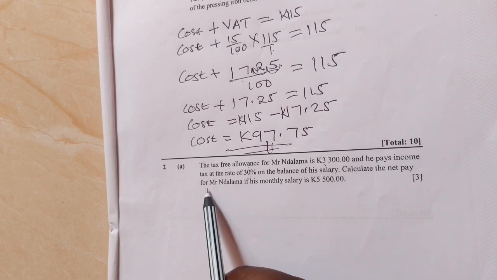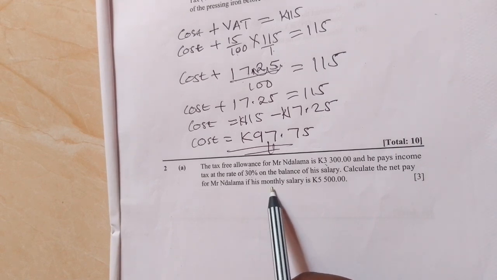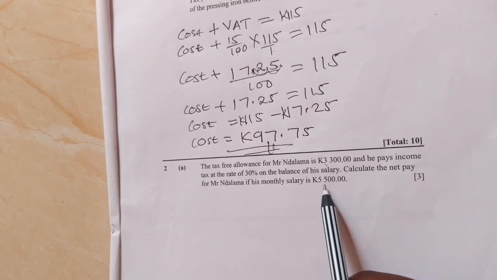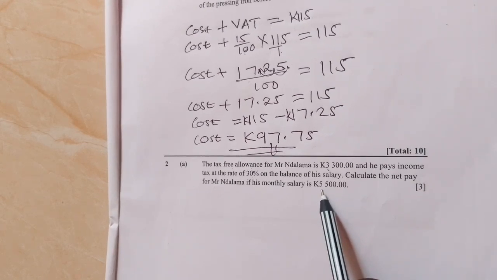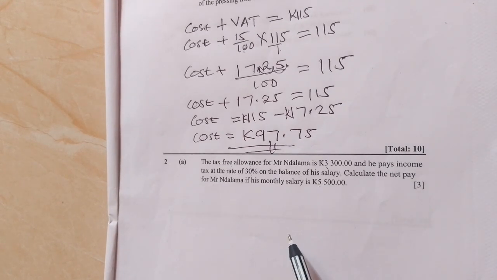Calculate the net pay for Mr. Ndalama if his monthly salary is 5,500. So net pay is just the amount of money or the salary that you have after deductions.